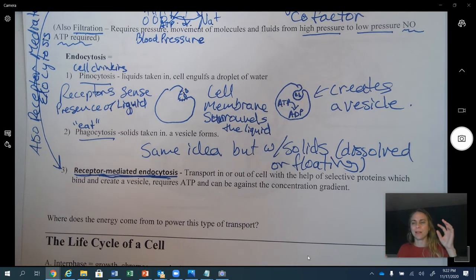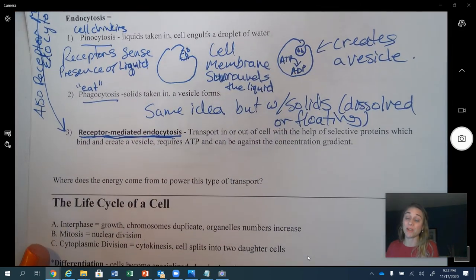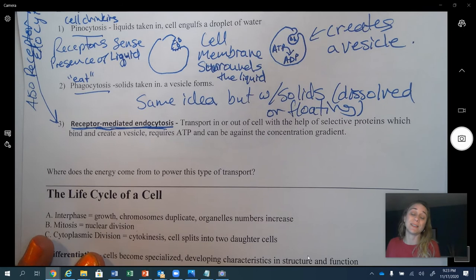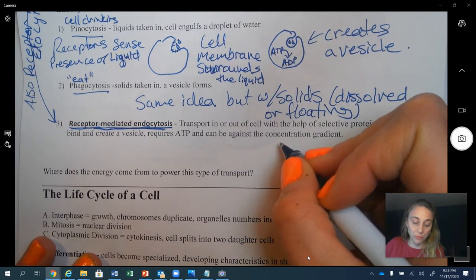It's not just, this looks good, and blindly making a vesicle around it. It's binding to the molecule and taking it into the cell specifically. So it's more specific, requires more ATP, and it can be against the concentration gradient. So if your cell needs it, it's going to pull it in. A lot of times your intestines are doing this.